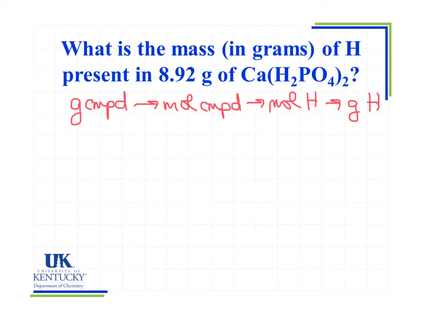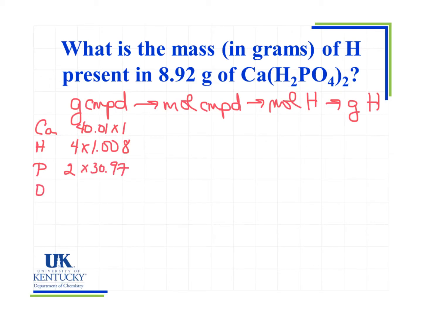The first thing we're going to have to do, in order to get from grams to moles, is know the molar mass. So we look at calcium, which has a molar mass of 40.01, and there's one of those in the compound. We have hydrogen, and there are 4 of those, each with a mass of 1.008. For phosphorus, there are 2, each with a mass of 30.97.